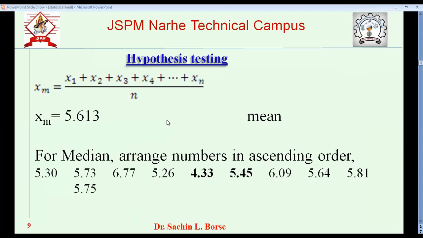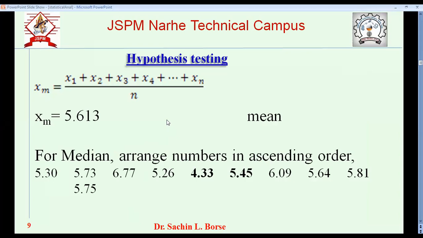Okay. Now the next task is to arrange the numbers in sequence. Generally, I use Excel. Excel can help you to arrange the numbers.